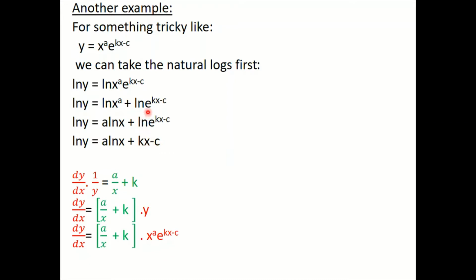The natural log of e raised to the power of kx minus c is simply kx minus c. So having simplified, this is what we have here, and now we can differentiate, and recall we have to differentiate both the left hand side and the right hand side with respect to x.